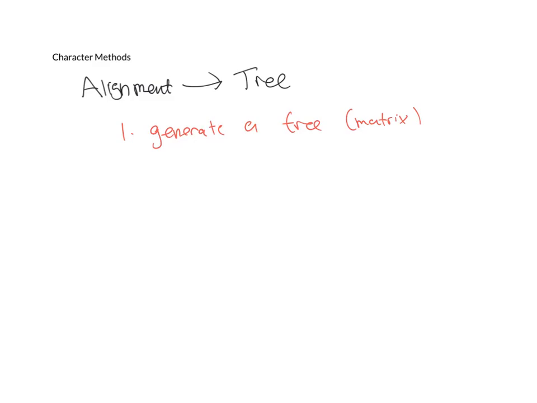We could just put them randomly, but a lot of times in practice you use a matrix method to make a starting tree. Then you evaluate the tree. You'll do this by different metrics. We could use parsimony, which we're going to talk about, or we could use likelihood. There are different methods we can evaluate the tree on, to see how good this tree is. And then we're going to generate a new tree.